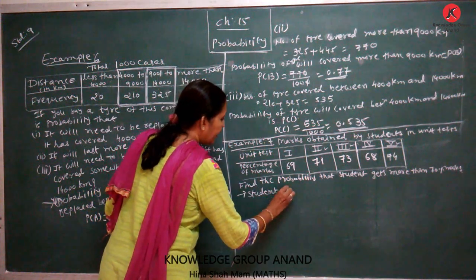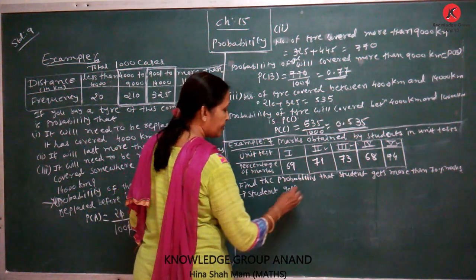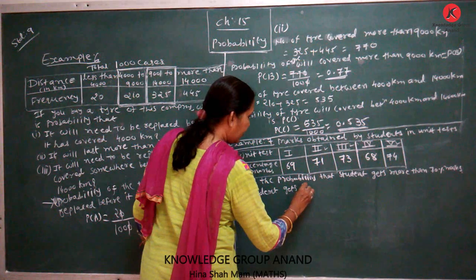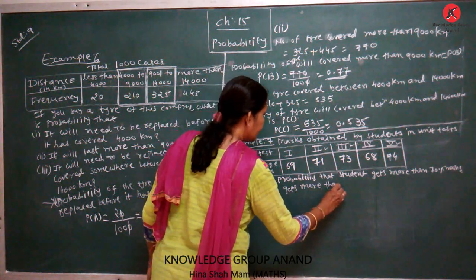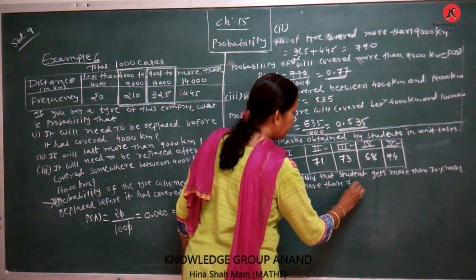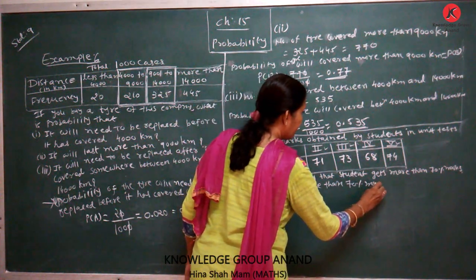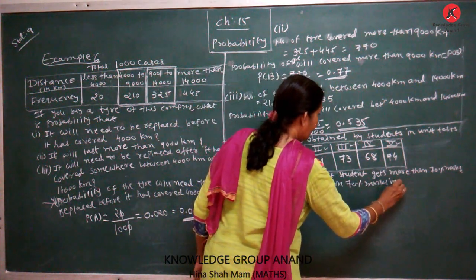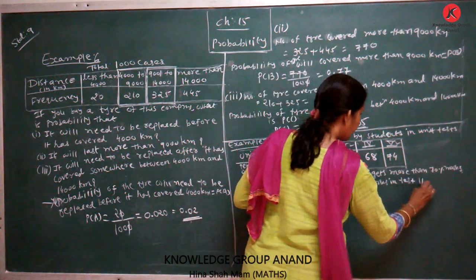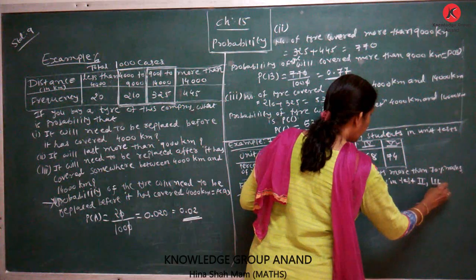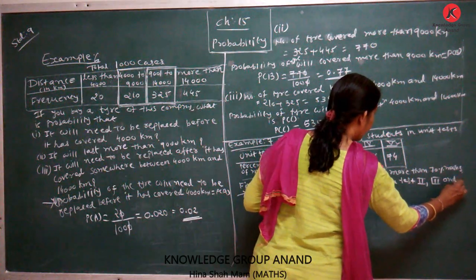The student gets more than 70% marks in the second, third and fifth tests.